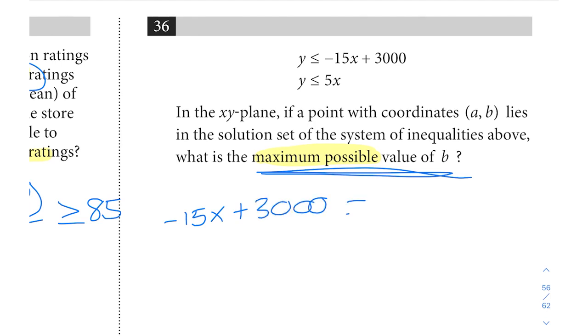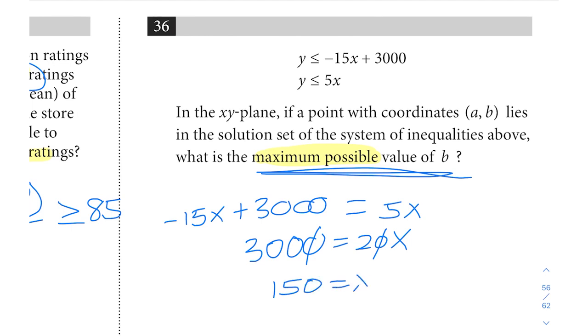And to do that, negative 15x plus 3000 equals 5x. You can add 15x to the other side. 3,000 equals 20x. Divide by 20. That would be x equals 150.